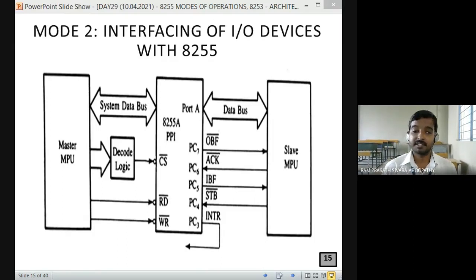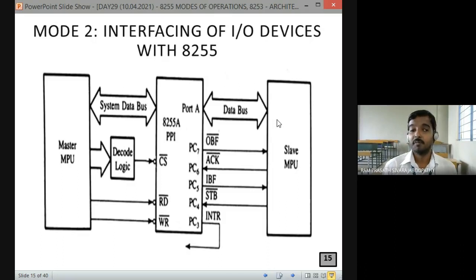Your port can receive data as well as send data, but only one at a time. The word simultaneously cannot be used, because we have only one bus for receiving or writing data. Correct? Bidirectional means you can transfer data in either direction.